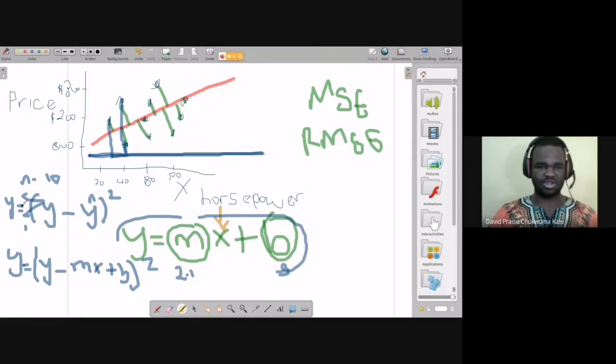Once we do the summation, let's say we get an error of 200 at the start, then that is too much, so we have to update our coefficients m and b. Our next line could be something like this, and let's say the error could be like 160, for example, and we keep on updating it.